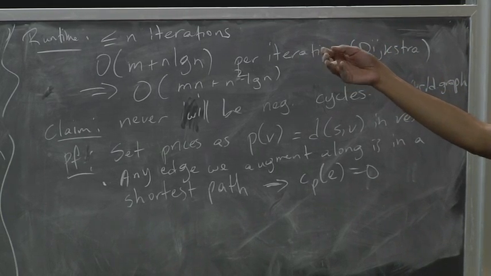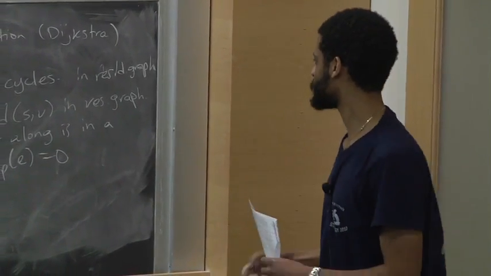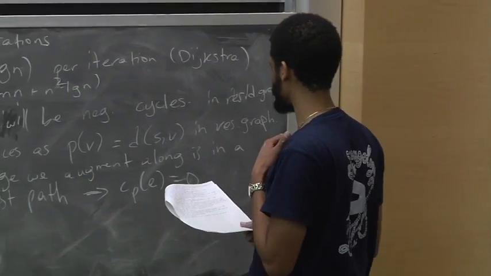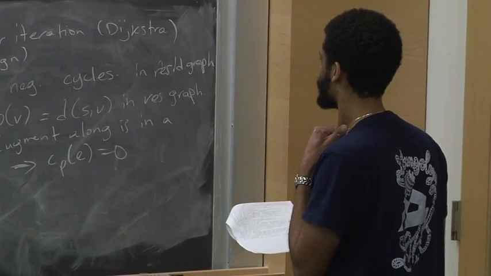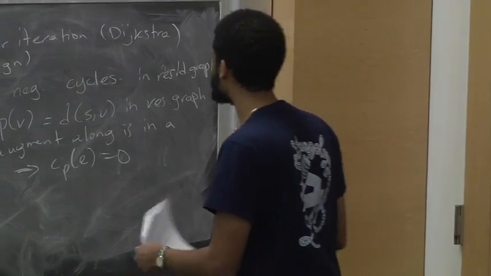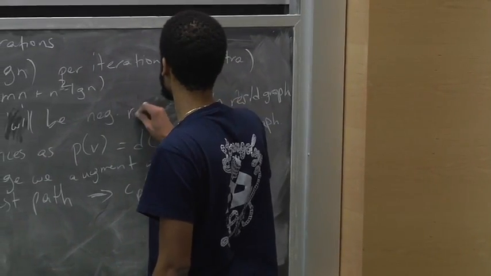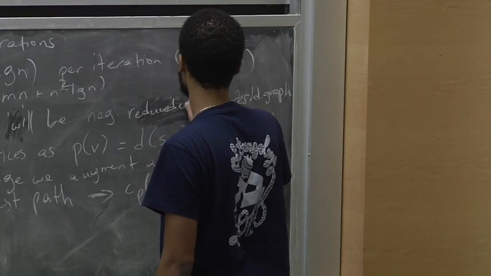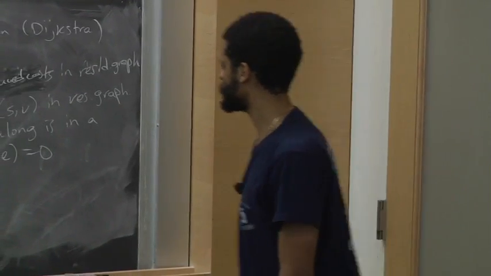Okay. So the new edges that we introduce into the residual graph will never be negative. In fact, we'll never even have negative reduced costs. Negative reduced costs, that's what I really should say. We'll never have negative reduced costs in the residual graph.